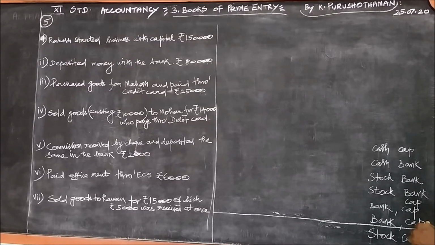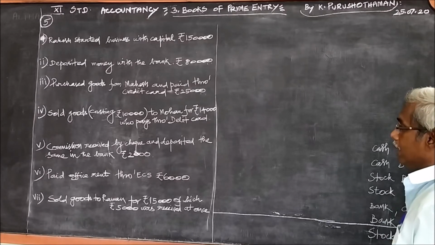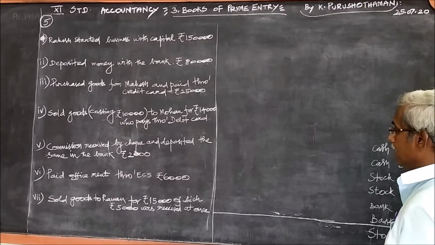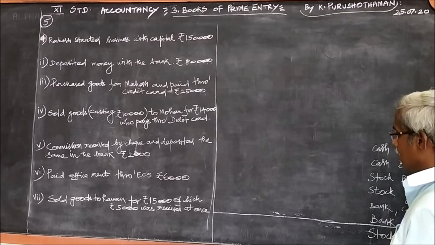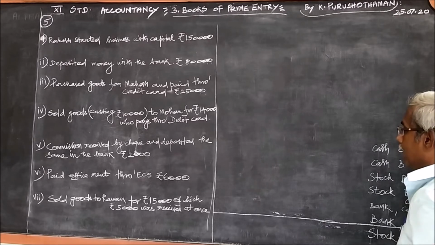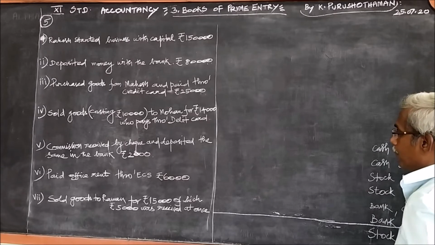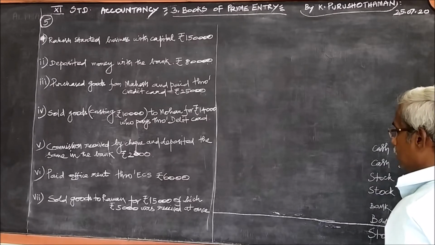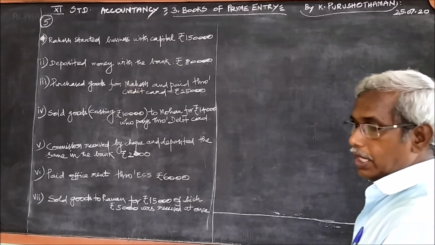It should be written in the name of Raman. So here Raman is a debtor, because we have sold to him.